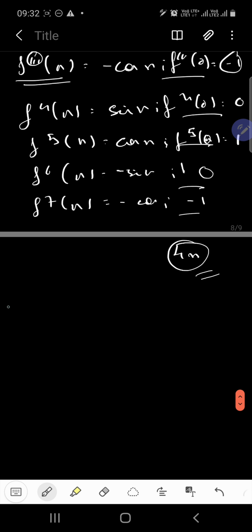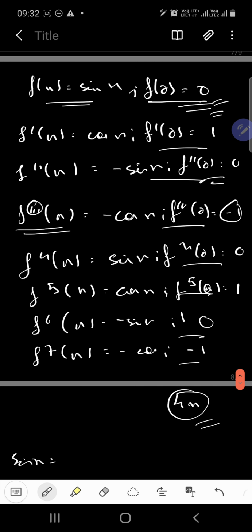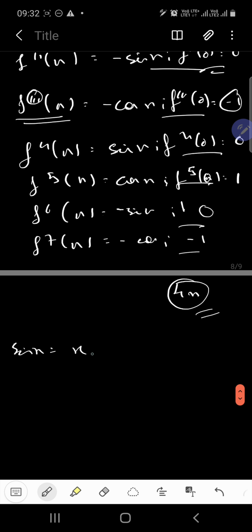So from here we can assume that sin x is equal to the first term being 0, second term is 1, so you have x. Your third term is 0, fourth term is minus 1, so this becomes minus x cube over 3 factorial.